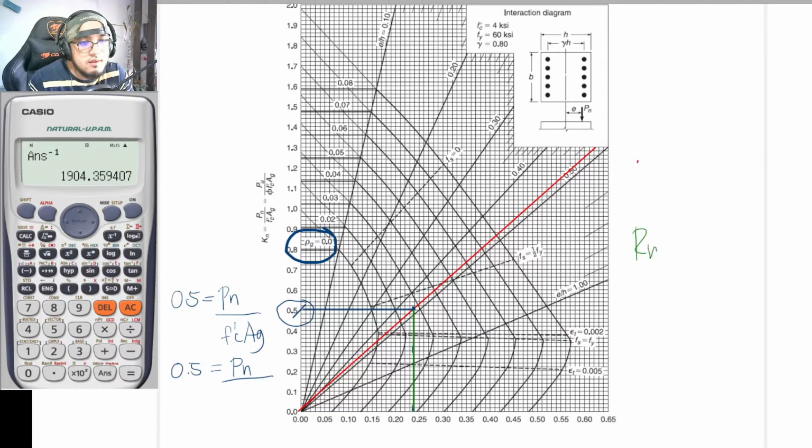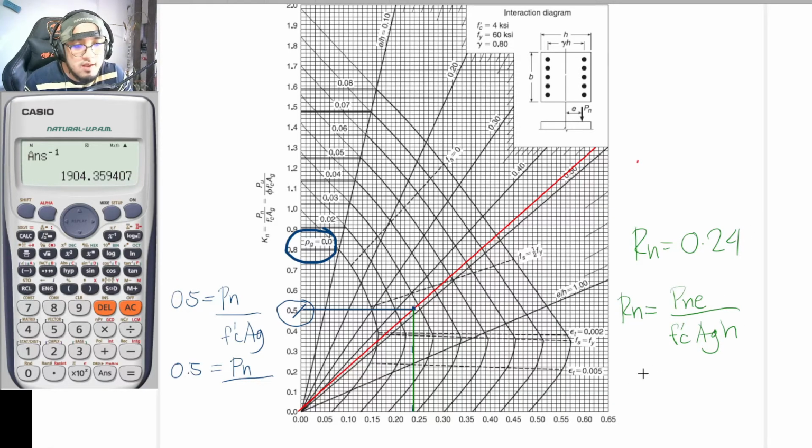So Rn is to be equal to 0.24. But sabi nga niya, di ba ang Rn is equal to Pne divided by F prime C times Ag times H. Substituting known values, 0.24. Instead of Pne, gawin natin yung Mn.